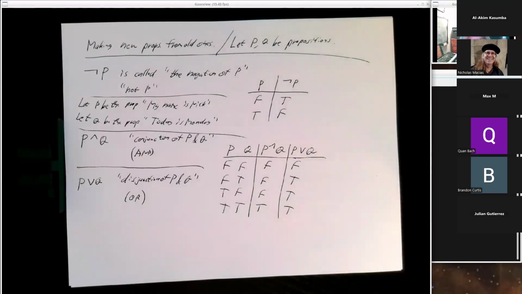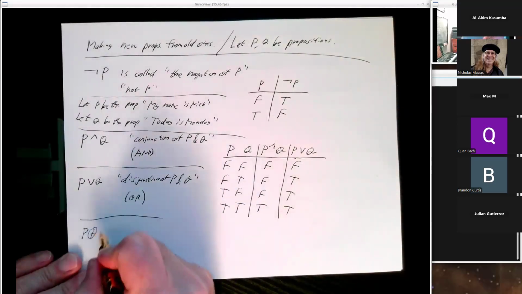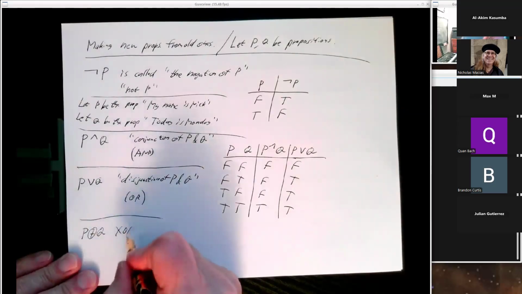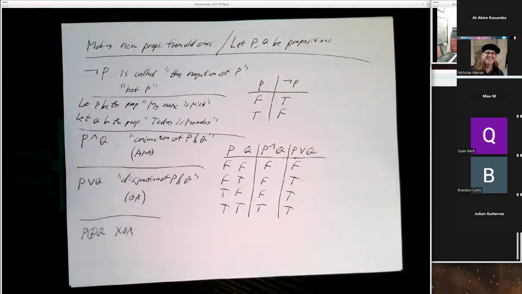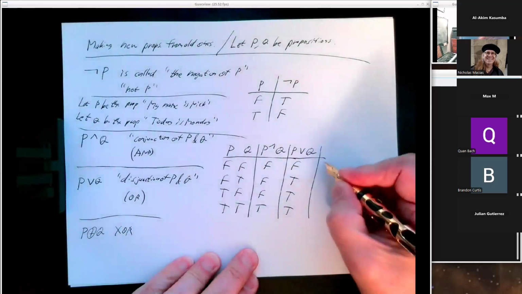So there's also an exclusive or, and we don't have a fancy sounding word for that. But it's like a disjunction, but P and Q are not both allowed to be true.